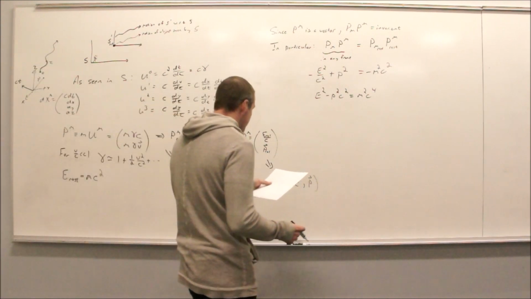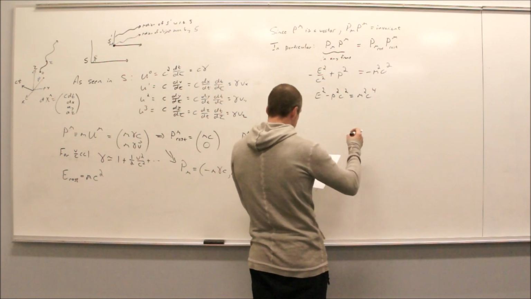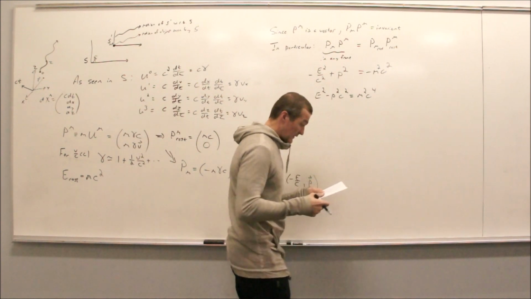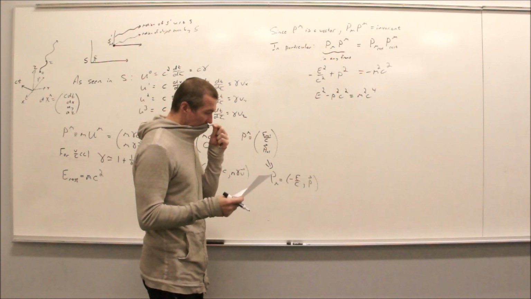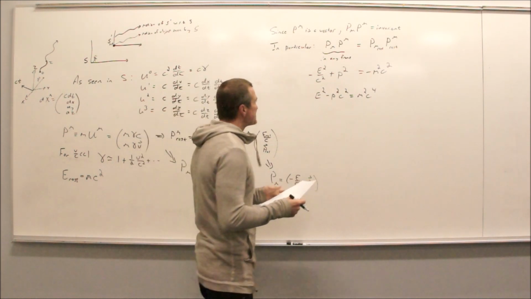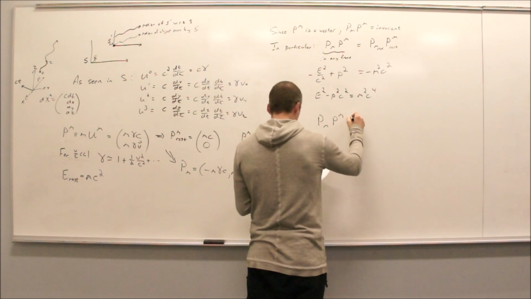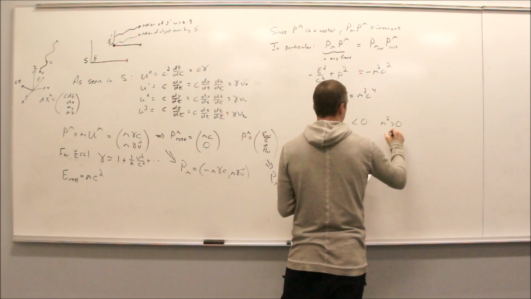Now, we're getting close to the end. So we can make observations like P mu P mu less than 0 is for particles which have a mass greater than 0.